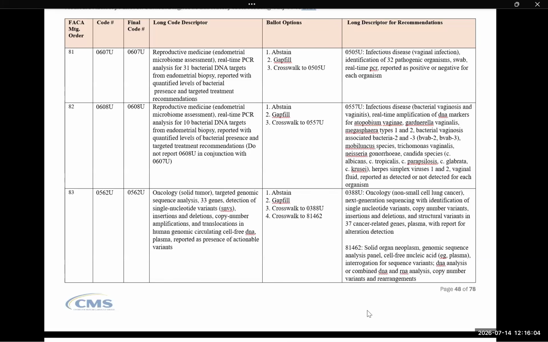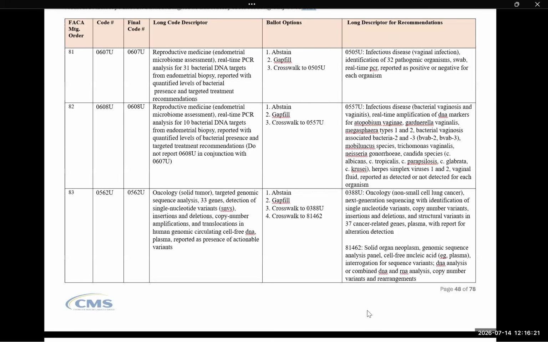It uses next-gen sequencing to detect single nucleotide variants and small insertions and deletions across 33 genes, copy number amplifications in 5 genes, and translocations in 3, down to a limit of detection near 1/10 of 1% variant allele fraction.